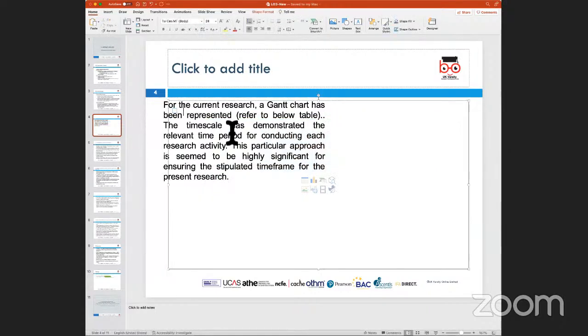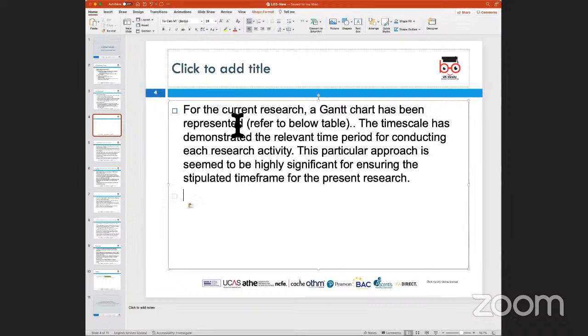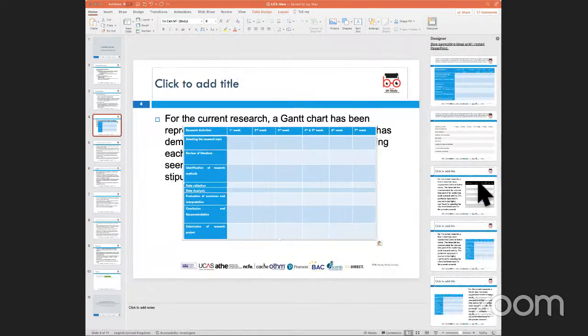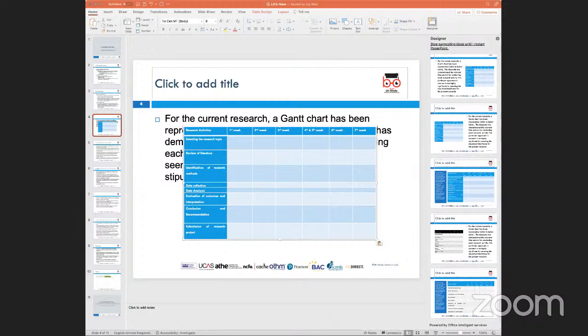And this timeline helps you understand the series of activities that you're going to carry out for your research.